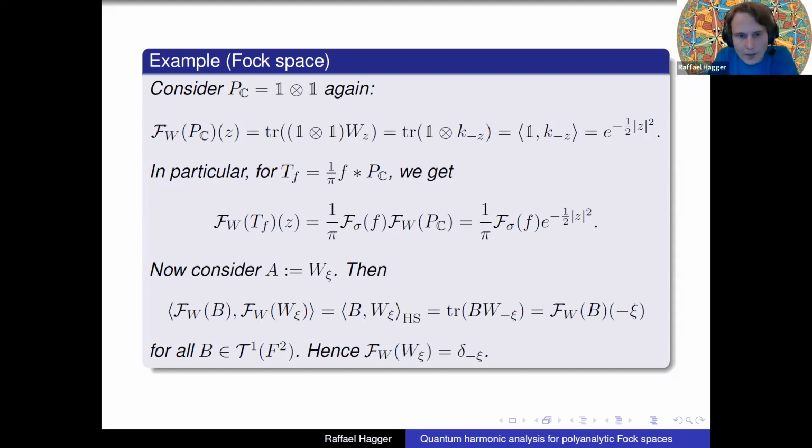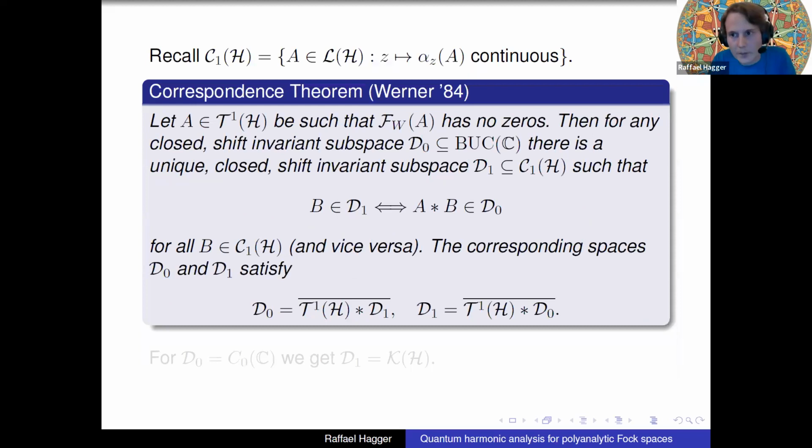Okay, and now we can come to the main theorem in this area of quantum harmonic analysis. It's due to Werner. He's a physicist, and he invented this theory already in '84, but it didn't get much traction in mathematics.